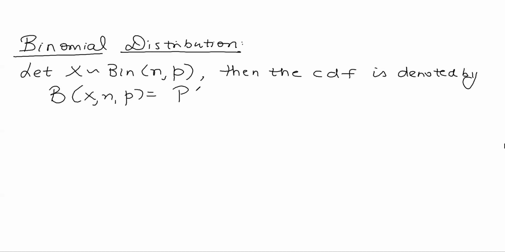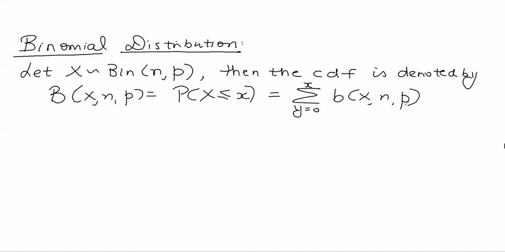It is the probability that capital X takes the value less than or equal to small x, which will be the summation as y goes from 0 to that small x of the binomial distribution function b of y, n and p. Now guys, this will be y because y is going from 0 to small x. So this will be b of y, n and p.